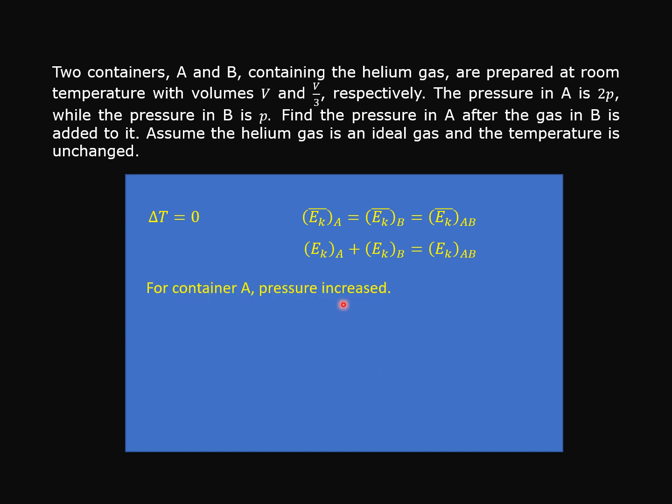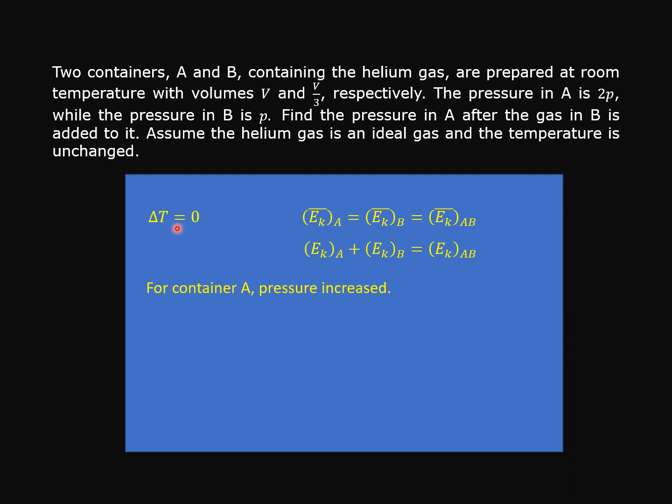But we know that the pressure in container A, after the gas in B is added, is increased. So what is the meaning? After adding the gas B into A, the temperature remains the same, but the pressure increases. So this pressure increase is due to what reason? Why does the pressure of the gas increase?